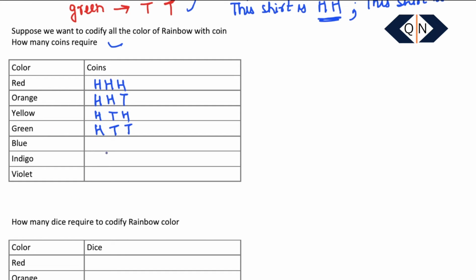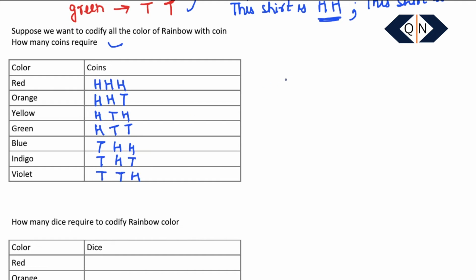Now tail, head, head; this will codify blue. Now tail, head, tail; this will codify indigo. Now the code for violet will be tail, tail, head.